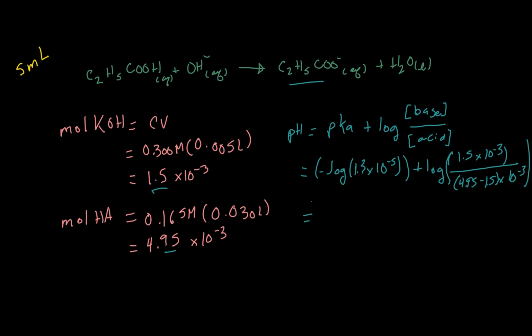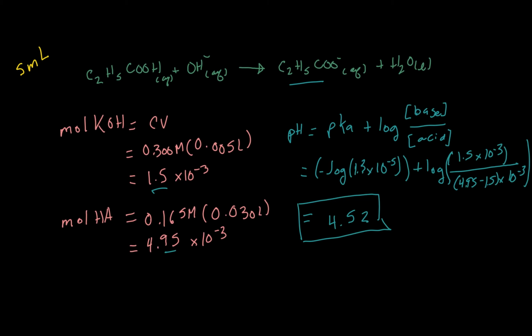Okay, and that gives us a pH of 4.52. So that's what we look like at 5 milliliters of potassium hydroxide titrate added.